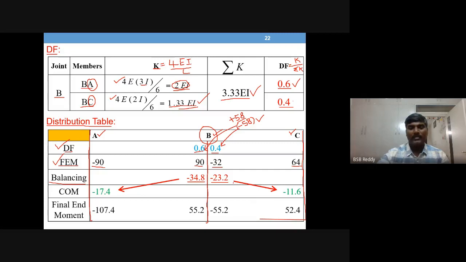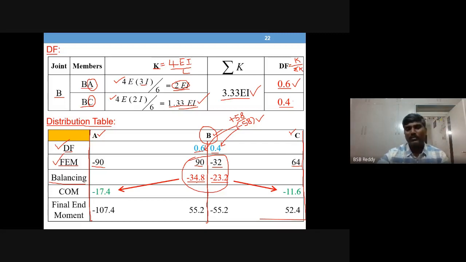Balancing. Now you add the total moment at B. This total is plus 58, and this is minus 58. Plus 58 minus 58, 0. Got it? So this is how we balance it.